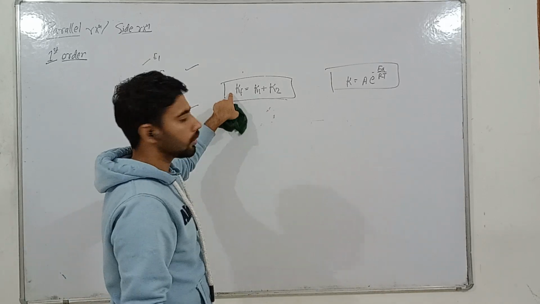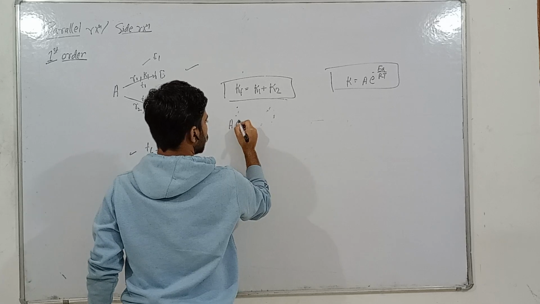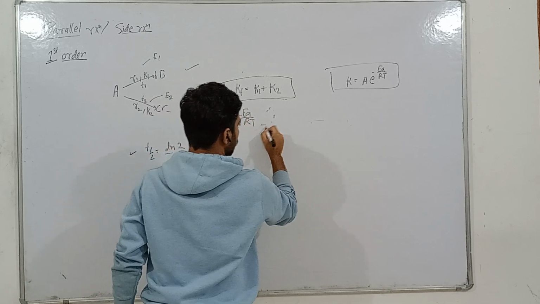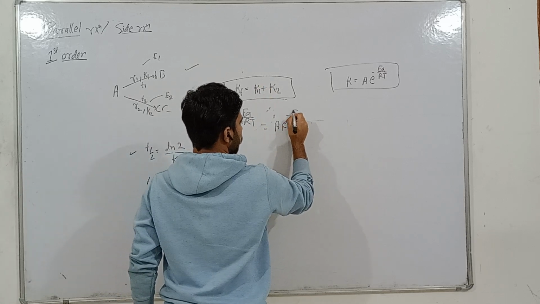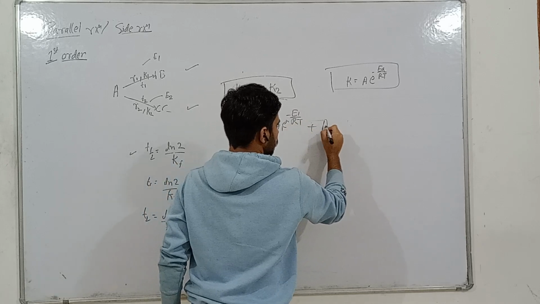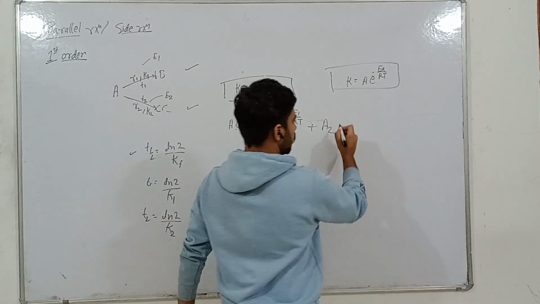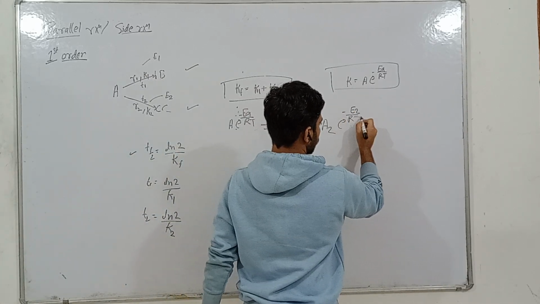For example, kf equals A into e to the power minus Ea divided by RT, and k1 equals A1 into e to the power minus E1 divided by RT plus A2 into e to the power minus E2 divided by RT.